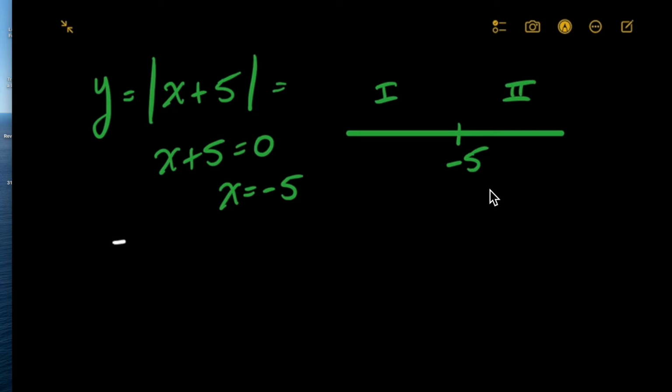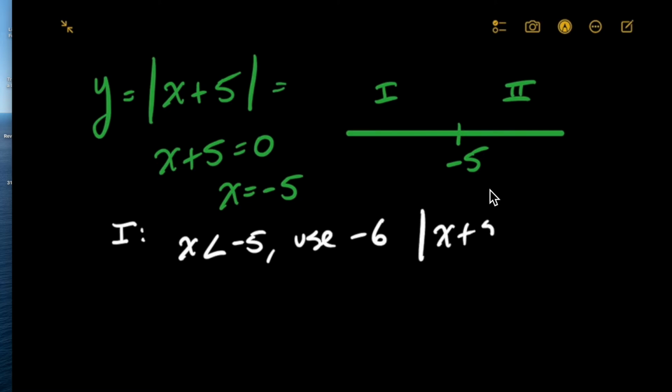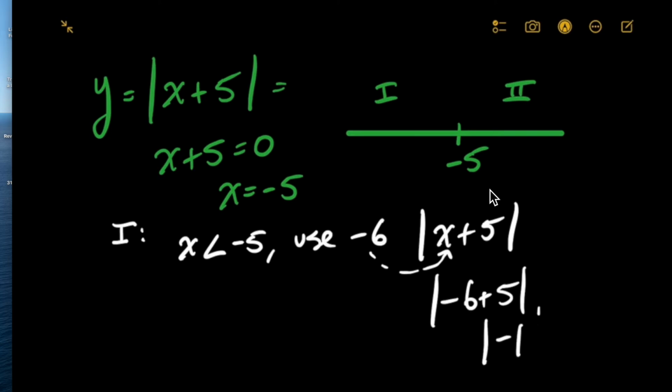Let's examine zone 1, when x is less than negative 5. So I'm going to plug in for zone 1, x is less than negative 5. I'm going to use negative 6 and plug that in to the original equation. When I do that, I'm going to get negative 6 plus 5, the absolute value. Absolute value of negative 1 is going to be positive 1.